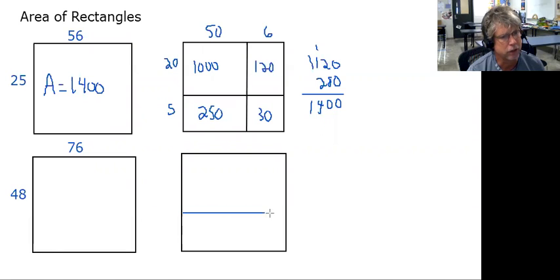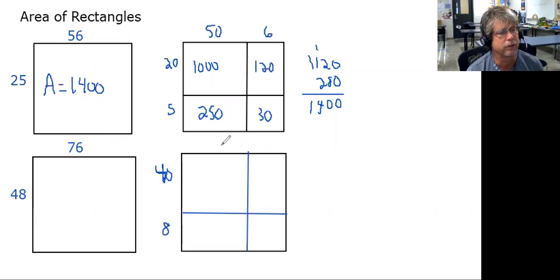So the 48, I'm going to cut it into 2 pieces. And the 76, I'm going to cut it into 2 pieces just based on place value. So I have a drawing that looks something like that. And then the 48, instead of having a 48, I want to break that into just simply a 40 and an 8.